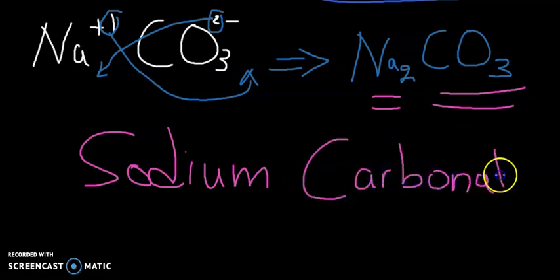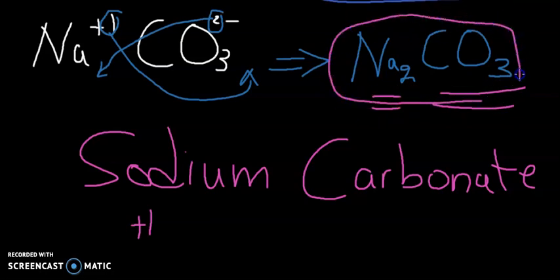No need here to include Roman numerals because sodium has only one oxidation state, which is +1. Usually Roman numerals are used for transition metals. So this is your compound, this is your formula unit, and this is the name, sodium carbonate.